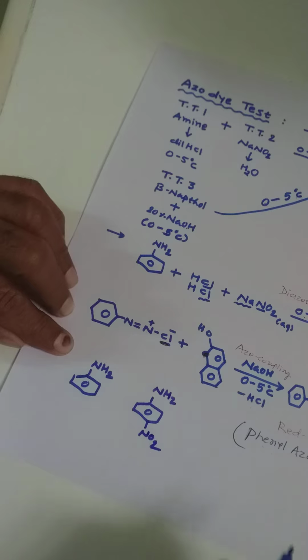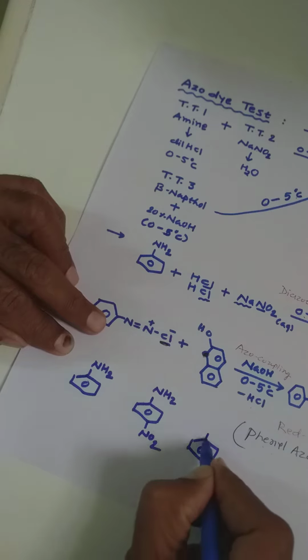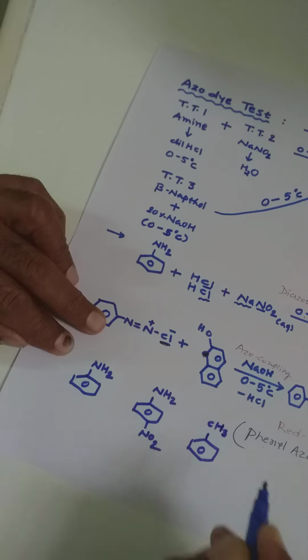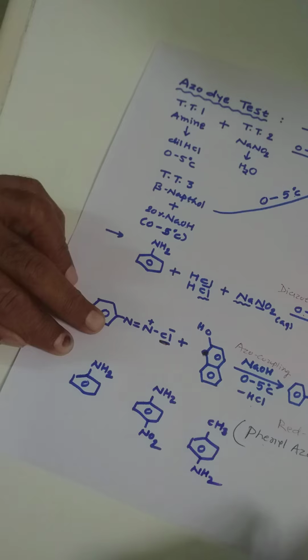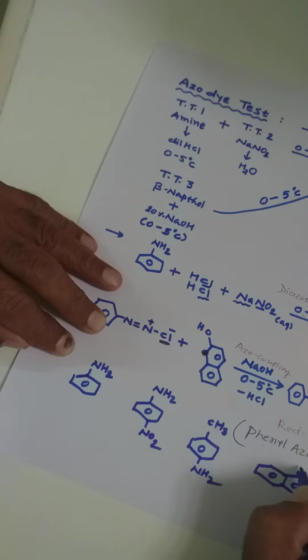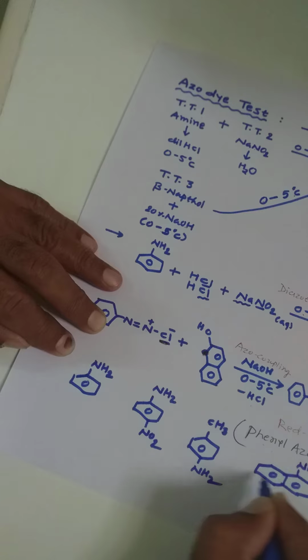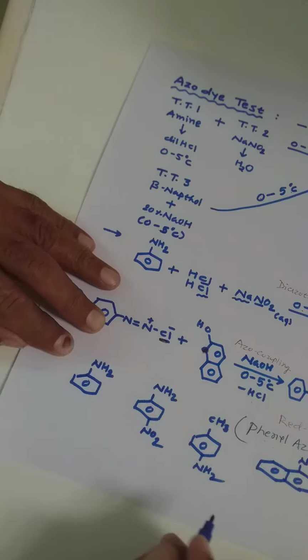Ortho, meta, paranitroaniline. Orthotoluidine, metatoluidine, paratoluidine also show the azo dye test; on the structure of benzene, CH3, para position NH2, paratoluidine. After that, alpha naphthylamine and beta naphthylamine also show the azo dye test. So such primary aromatic amine compounds show the azo dye test.